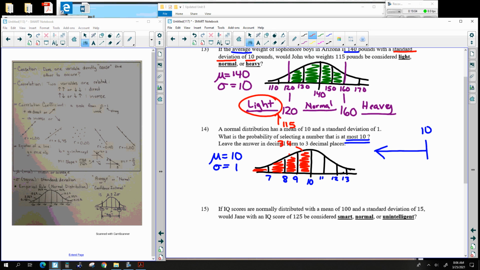That'd be 34, 13.5, 2.35, and 0.15. Which comes out to be 50%. As a decimal, that is 0.5.